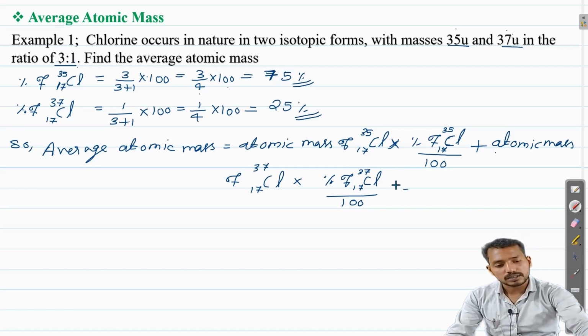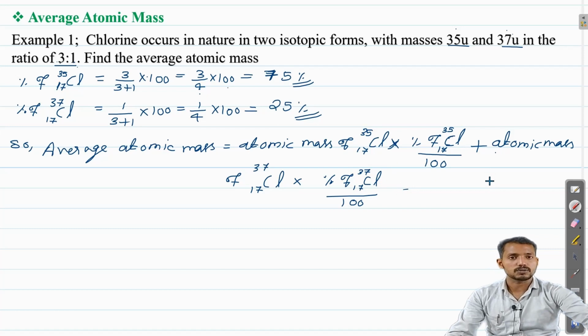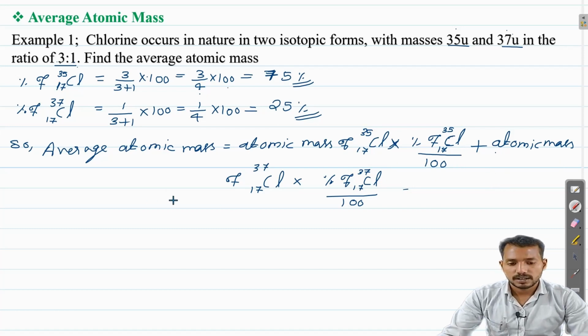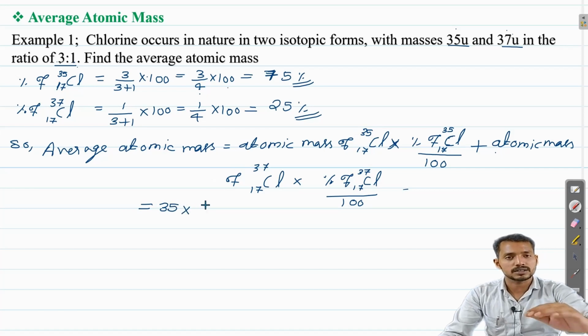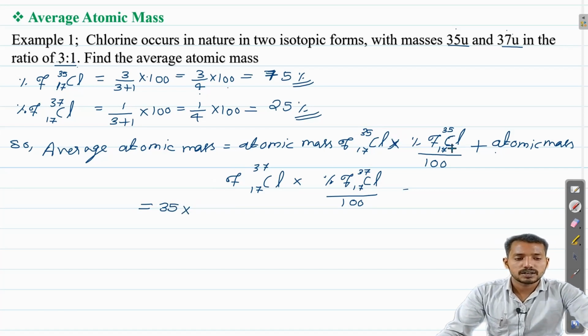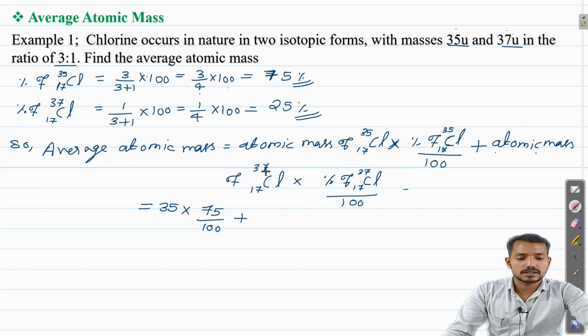If it had 3 isotopes, then we would add the atomic mass of the third isotope, which we would also have to find. So what will we get? The atomic mass of Cl-35 is 35, into the percentage, which we already found, 75 divided by 100, plus the atomic mass of Cl-37, which is 37 u, into the percentage 25 divided by 100.